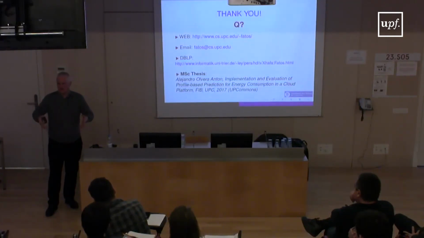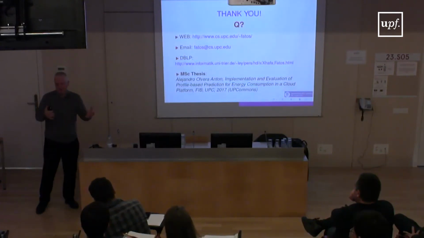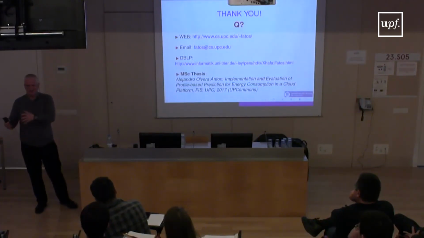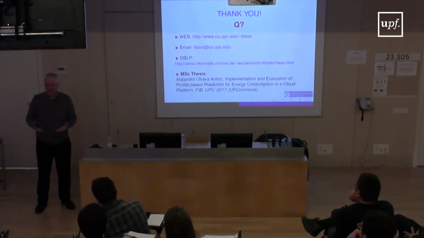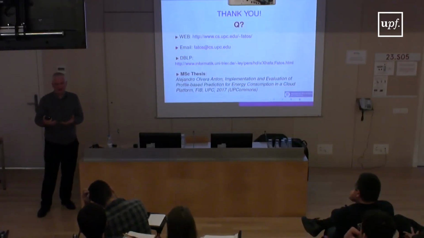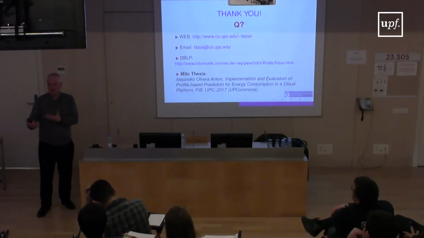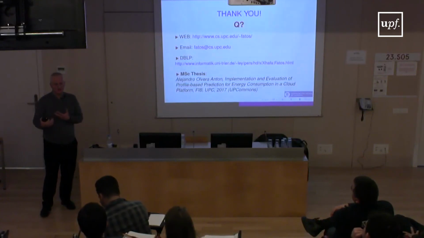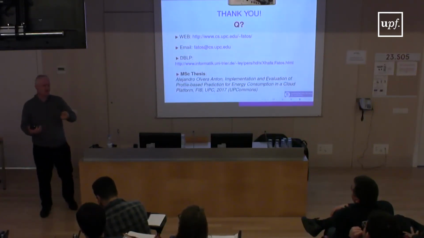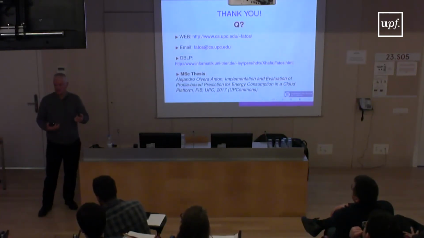Once you have the instance, you run your meta-heuristic optimization and get the assignment. Then you go back to the simulator and make the real assignment. At the end, you look at the energy and compare it across different policies.